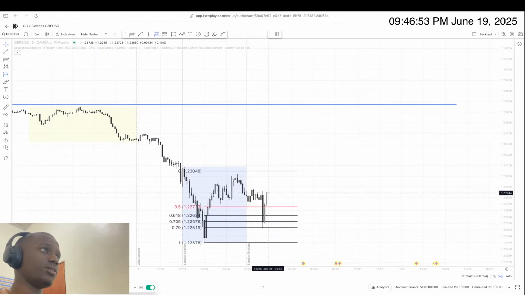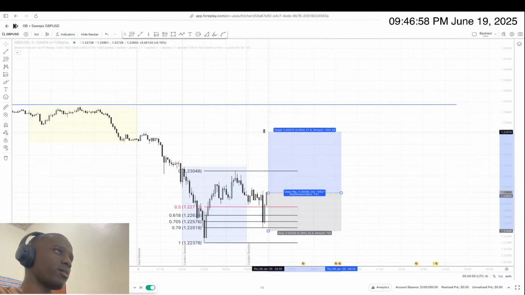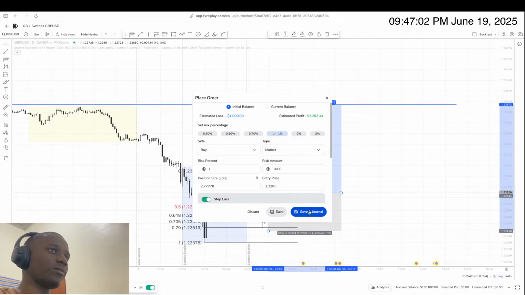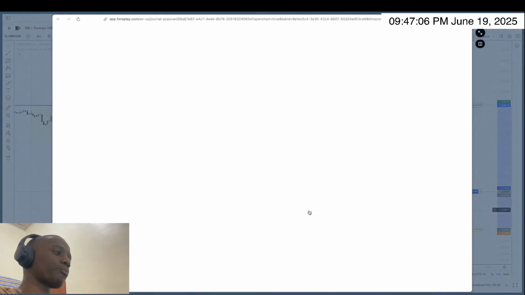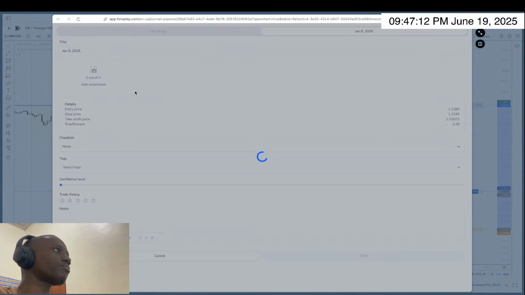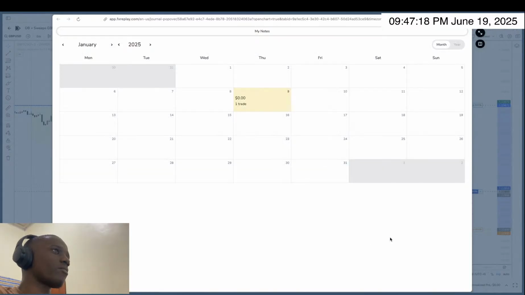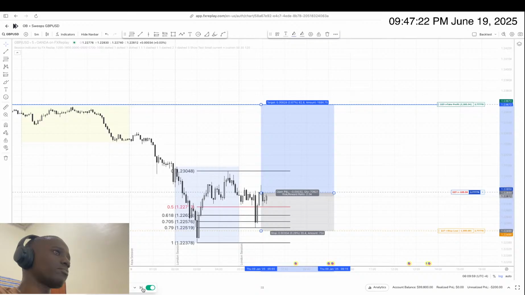I can buy, even though we're a bit late, and target these highs, giving us a 2.3 R, risk 1%. And save this. Let's see how the trade goes.